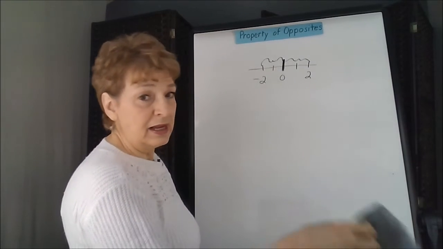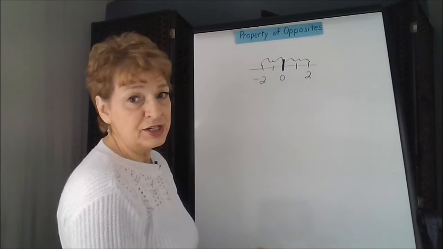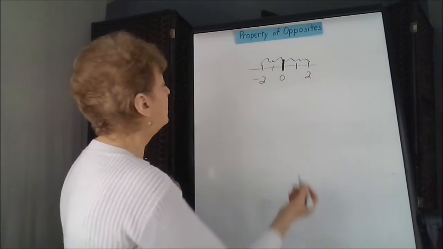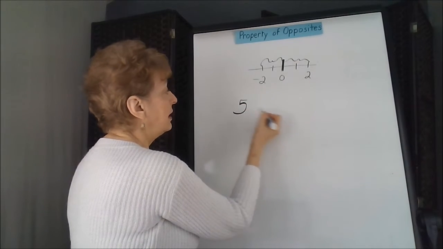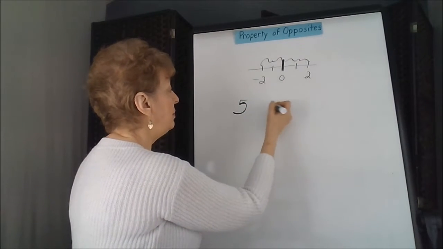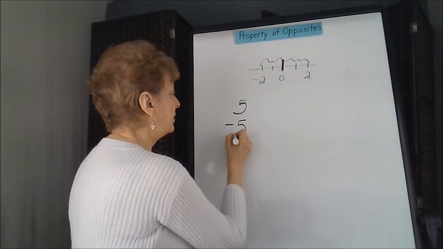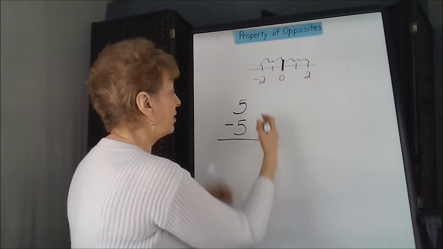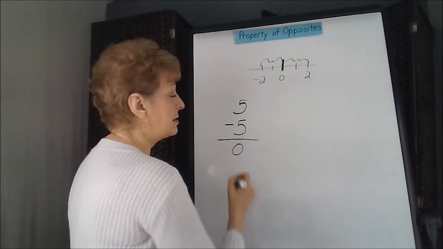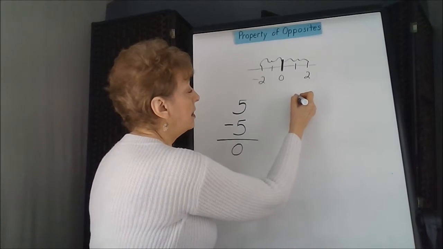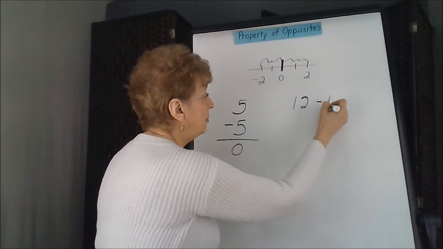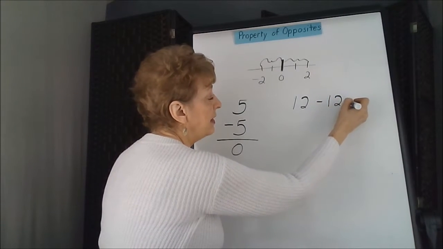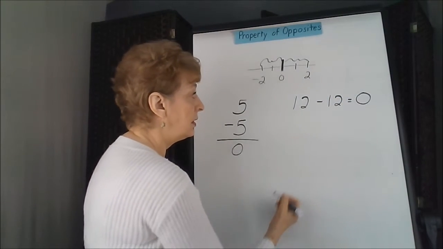So in the operation of addition and subtraction, if you had 5, the opposite of it would be a -5. And when they're combined, we're going to get a 0. If you have 12, a -12 would be the opposite, giving us an answer of 0.